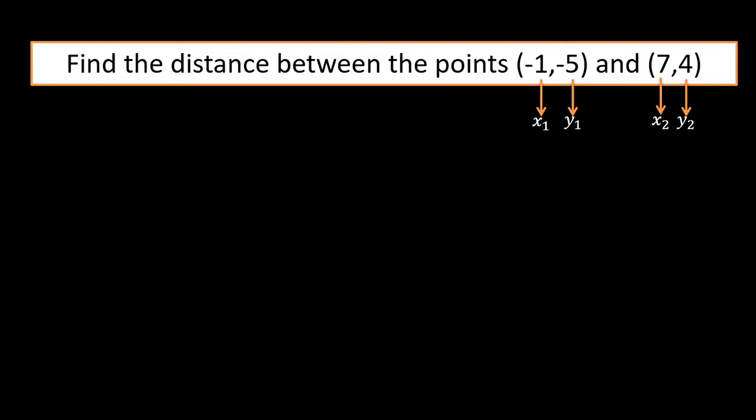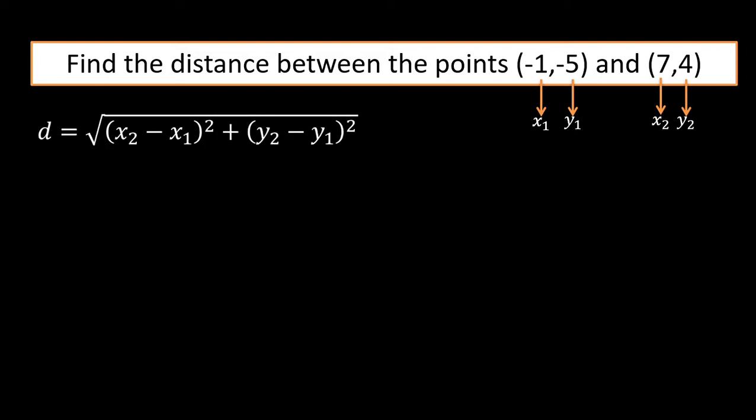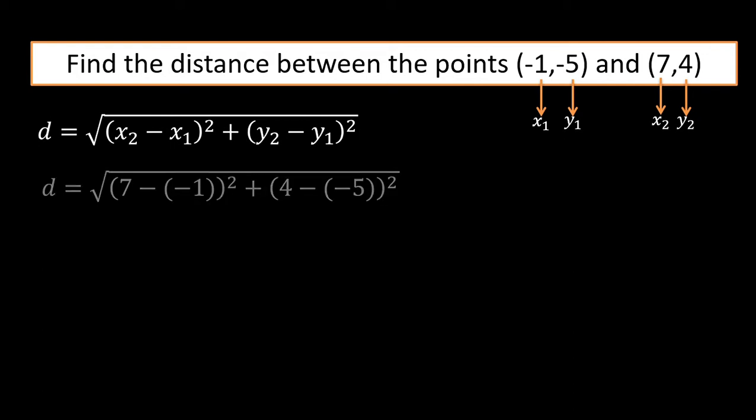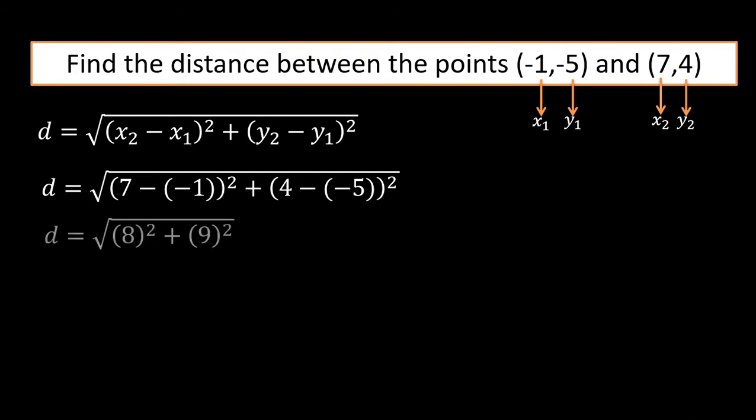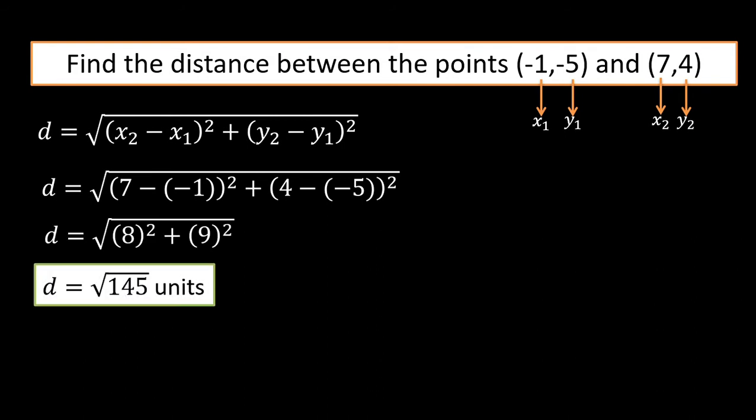So we are asked to find the distance. Therefore, we can apply the formula stated earlier and substitute these values, and the distance now is square root of 145 units.